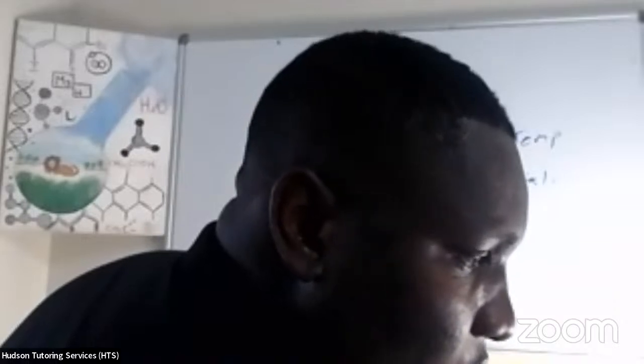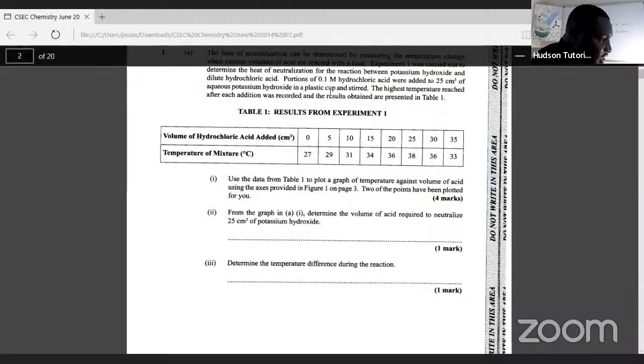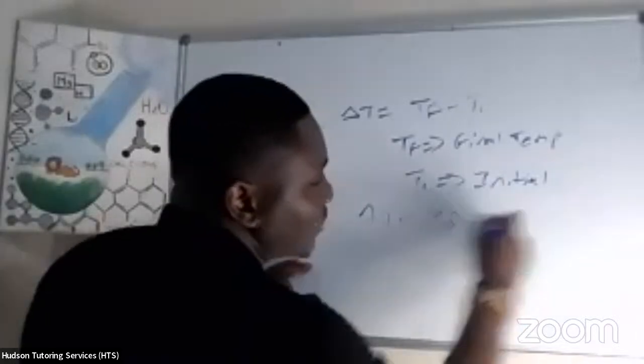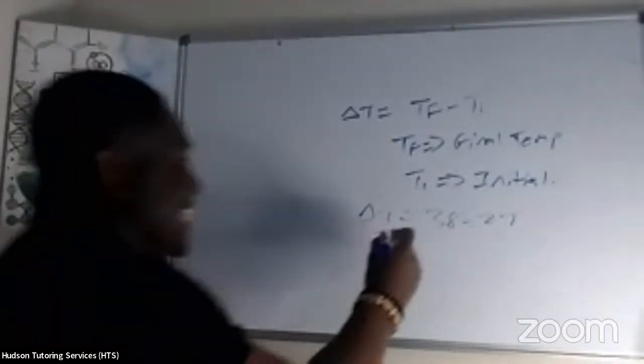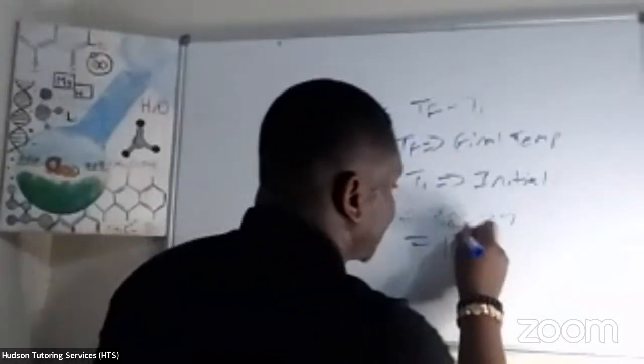Now, if you look at the data points on the graph, they show that 38 is the highest temperature reached, while the initial temperature was 27. That means delta T is basically 38 minus 27, and that gives us 11 degrees Celsius.